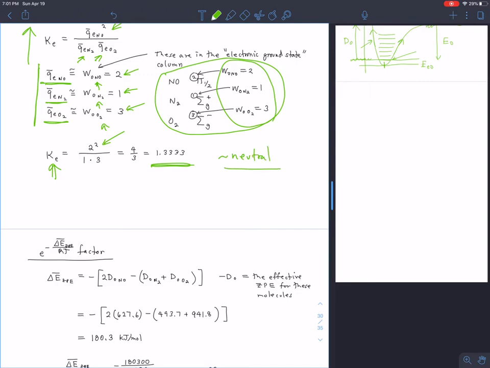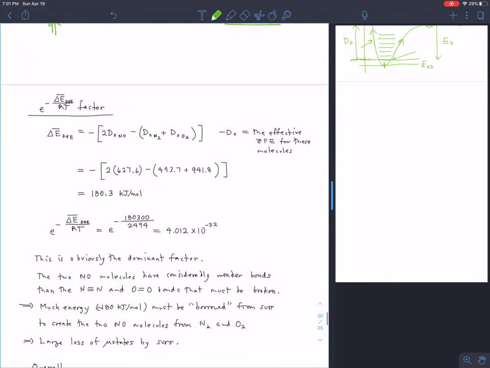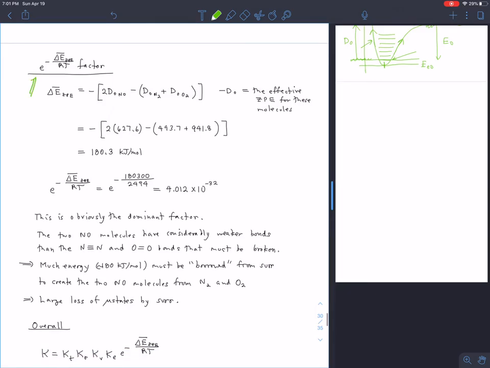So we've seen that all of the microstate contributions from the molecules themselves are essentially neutral for translations, rotations, vibrations, and now electronic degrees of freedom. Finally, our ZPE, or bond energy factor, using the D0 values from the table: 2 times the D0 for NO minus D0 for N2 minus D0 for O2, right? The usual formula for calculating reaction differences for any quantity, in this case for D0s.